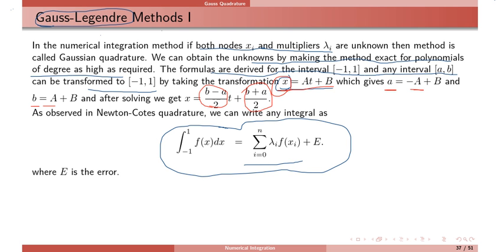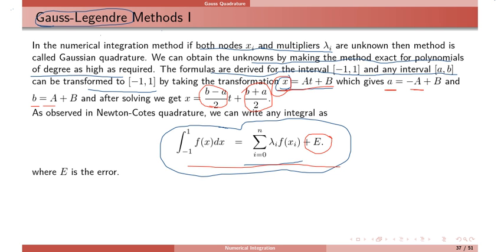As usual, we write the integral from -1 to 1 of f(x) dx equal to some form, the sum of lambda i f(xi), plus error. In deriving this formula, we ignore the error, as it is difficult to analyze, and just try to compute lambda i and xi.